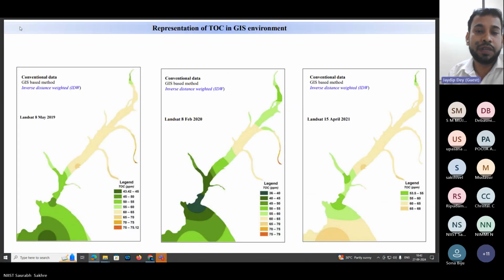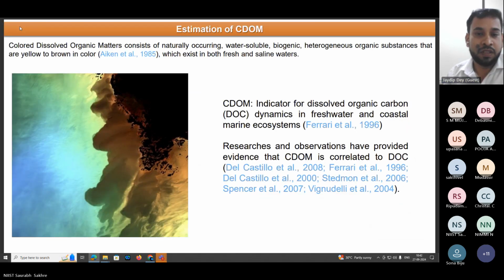So this is the result of total organic carbon derived through the routine or conventional method. I have done all this analysis in our NIRI laboratory for three different time periods. This is the estimation of colored dissolved organic matter.